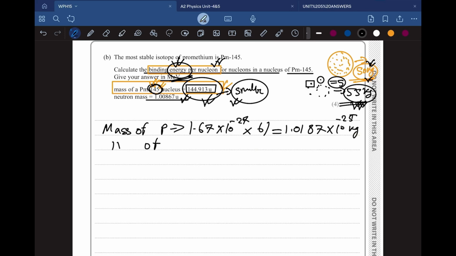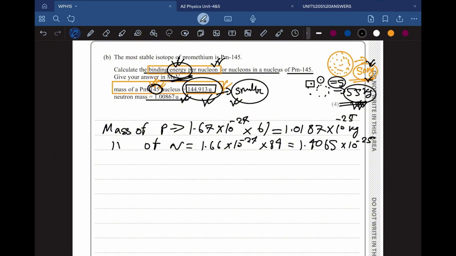And the mass of neutrons, we know the mass of a neutron is 1.66 into 10 to the power minus 27, multiplied by the 84, which will give us a value of 1.4065 into 10 to the power minus 25.